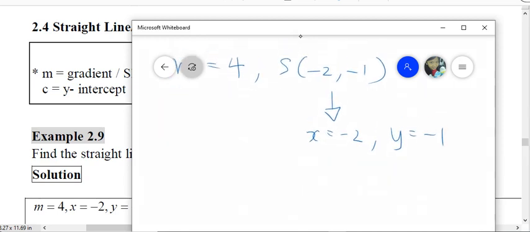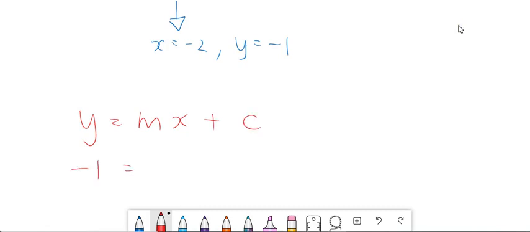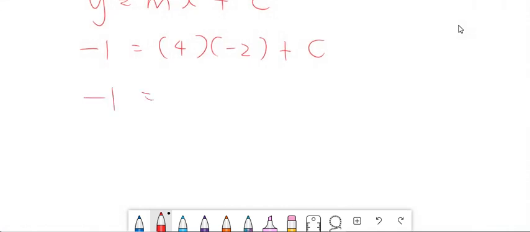Okay, so from all the information you have here, get your formula in: y equal to mx plus c. Substitute your respective values, 4 times -2 plus c. So I have -1 equal to -8 plus c.